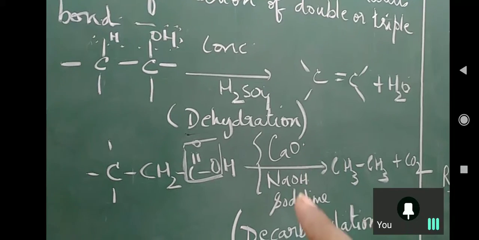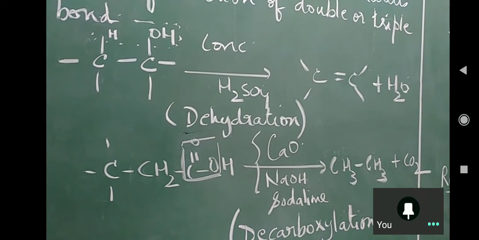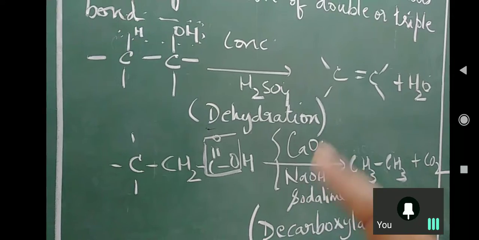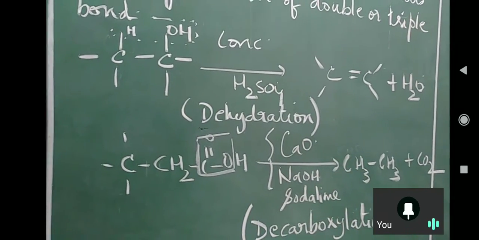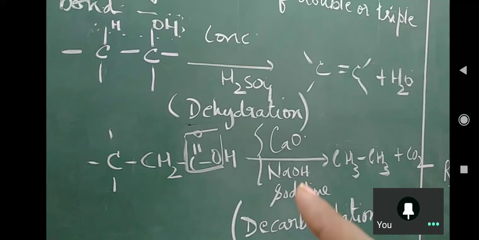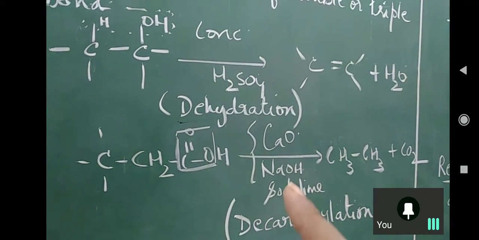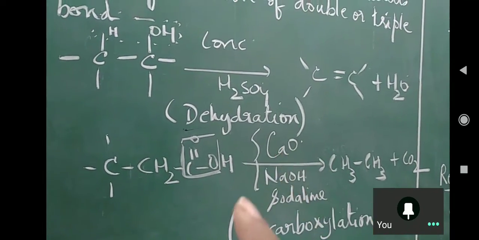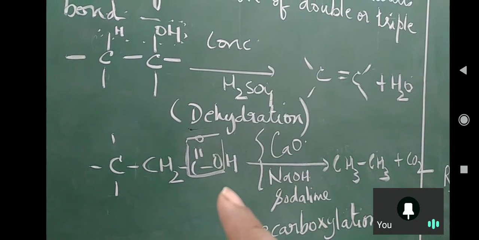This is not a catalyst, this is a reagent. What does this reagent do? It takes away carbon dioxide. Wherever this is written in the reaction and you have an acid, it will remove carbon dioxide.